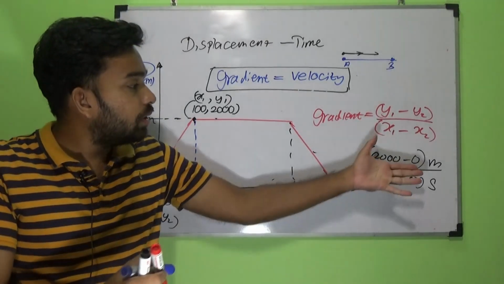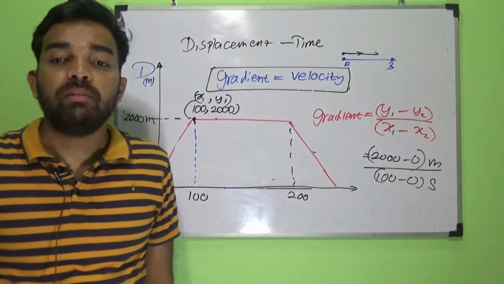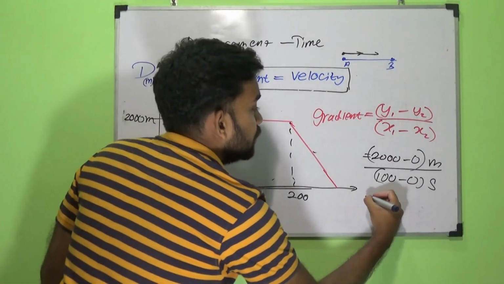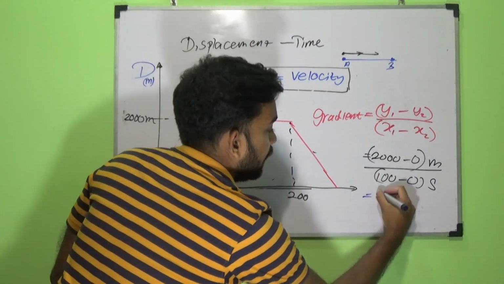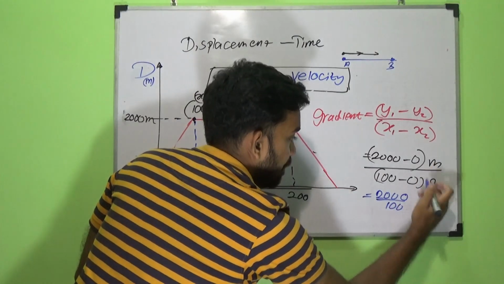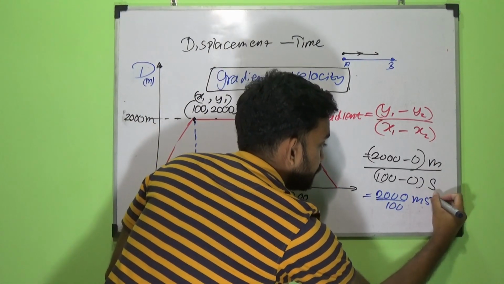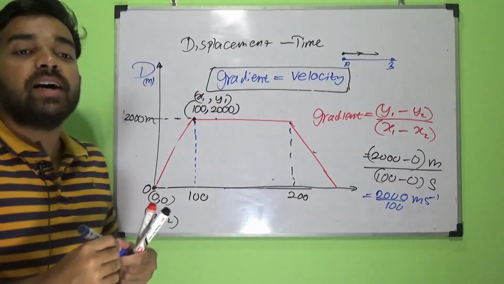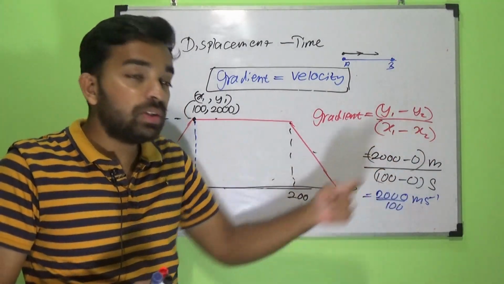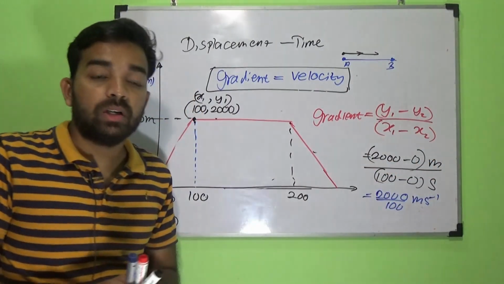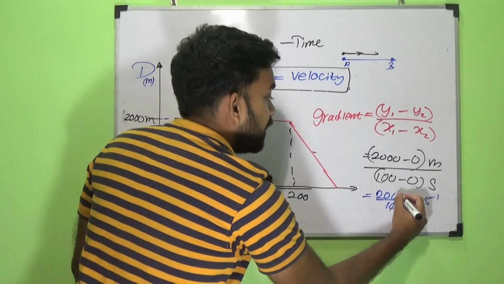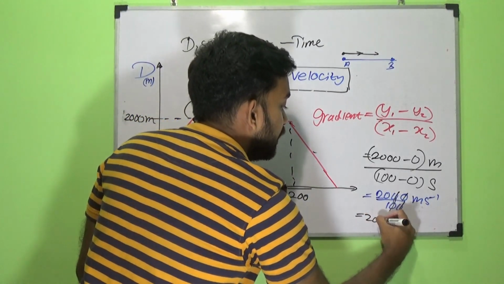So 2000 minus 0 divided by 100 minus 0. The answer is 2000 divided by 100 m s^-1, because the second goes to the top. So the final answer is 20 m s^-1.